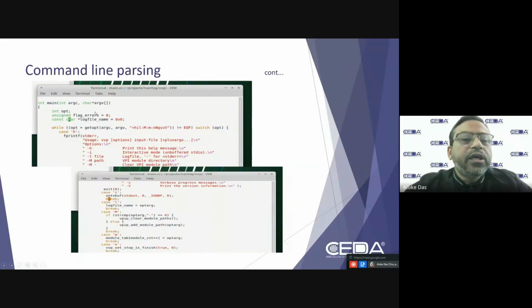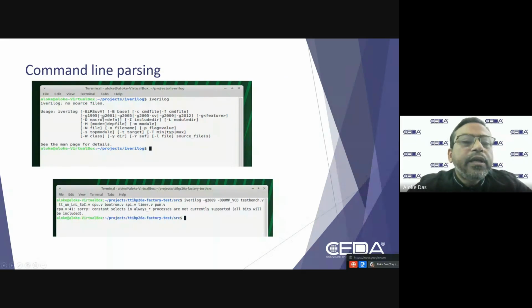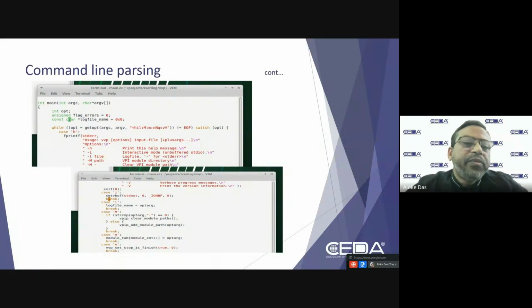Based on these two important arguments, they use this function and get something, and after that there is a switch statement based on this opt, which is short for options. For h, it is writing the help. So the help, what we are getting here, is some kind of help they are trying to write.